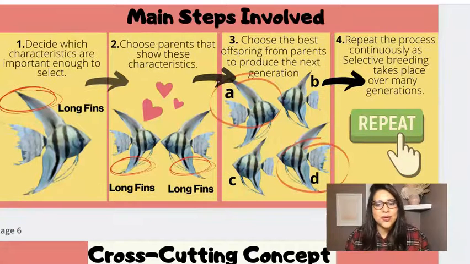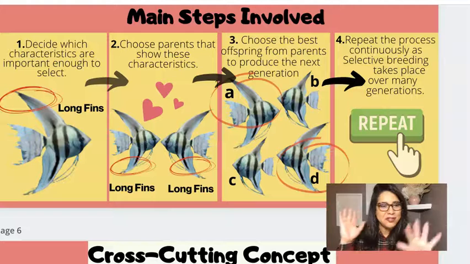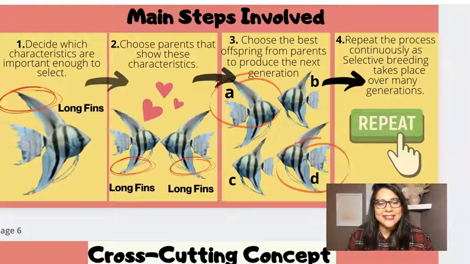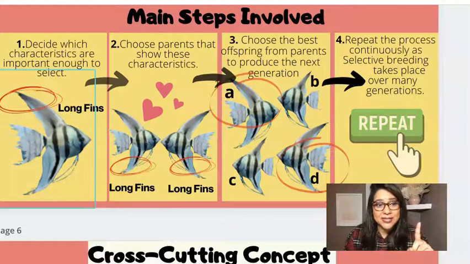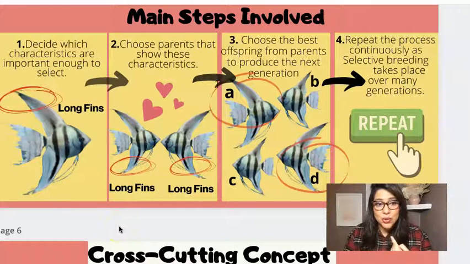So let's do a quick recap because there was a lot of fish swimming around and a lot going on. Step 1, decide which characteristics are important enough to select. In our example, it was long fins. Whenever you do selective breeding, you have to figure out what characteristic or trait you're selecting for.